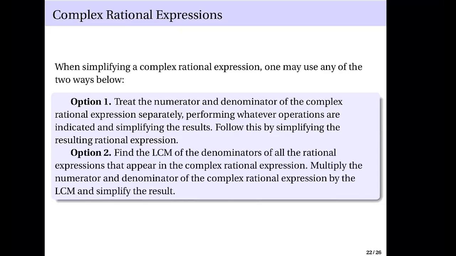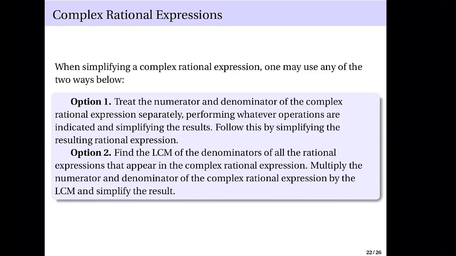Second option is by the use of LCM or LCD. So find the LCM of the denominators of all the rational expressions that appear in the complex rational expression. Then we multiply the big denominator and big numerator by the LCM and then simplify the results. Okay? So I will show both options.